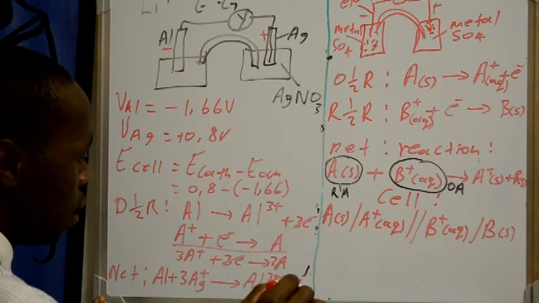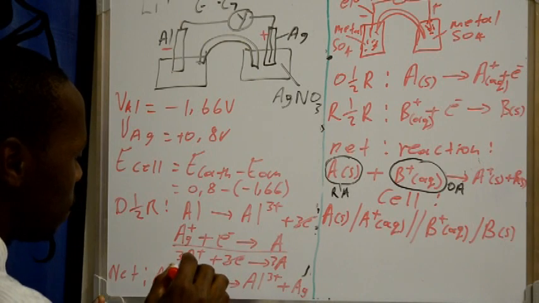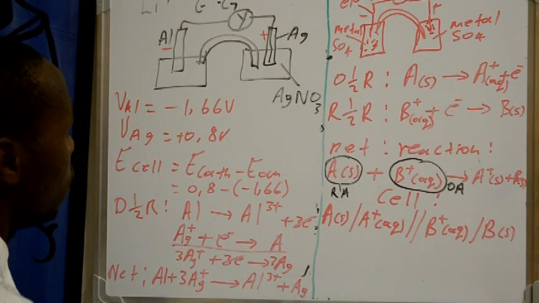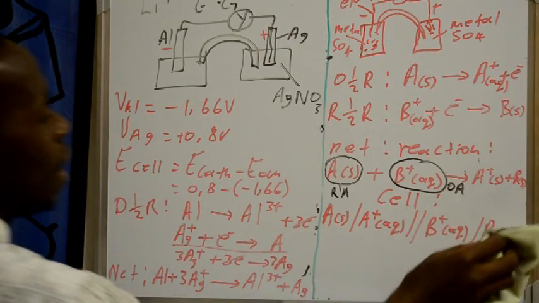Sorry, this is Ag. So that's what is happening here, because this one is silver. So that is how you write your cell notation.